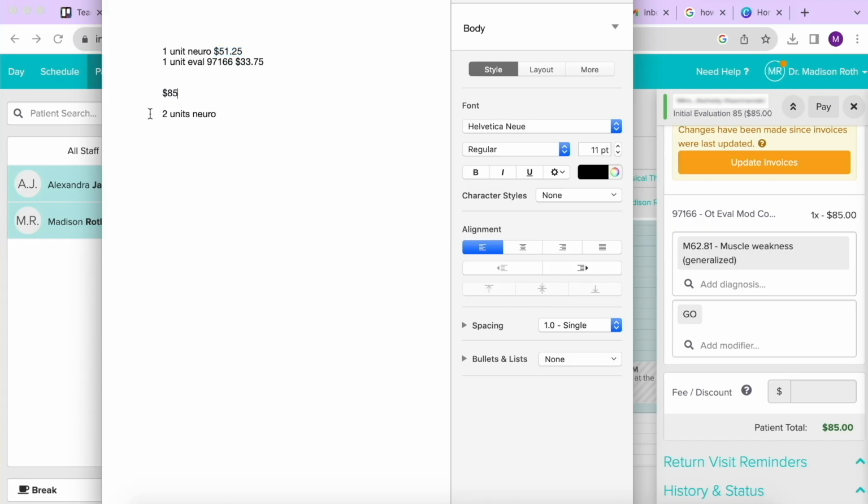It's pretty unlikely you're going to bill 2 units on the eval, but if you did, you can put it in your note that you did 2 units, but when you bill the insurance, you're actually going to just bill 1 unit of neuro.